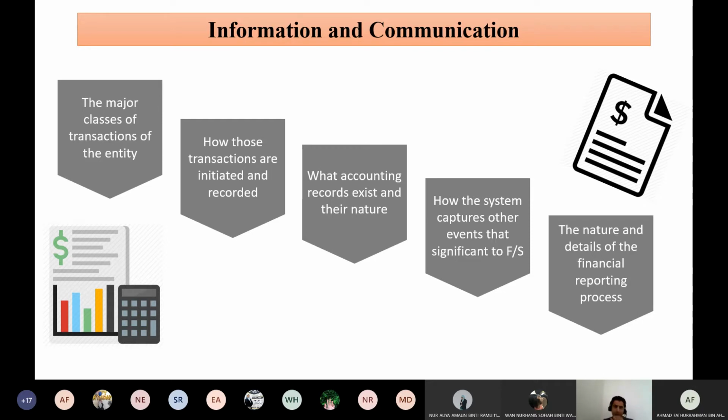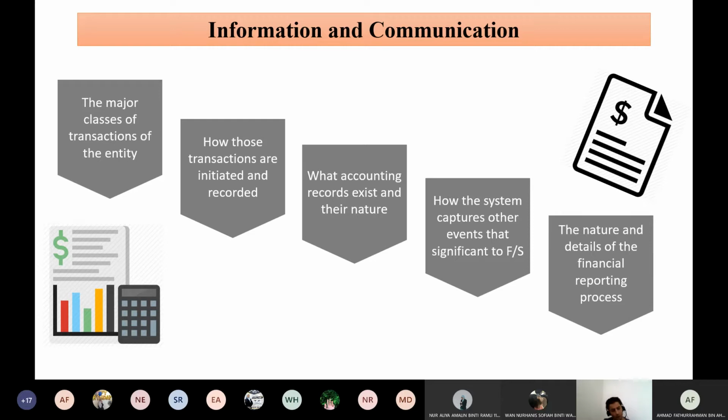And if you see here, these are five points that the auditor should look into when examining the internal control: the major classes of transactions, how they record these transactions, and what accounting records exist and their nature.